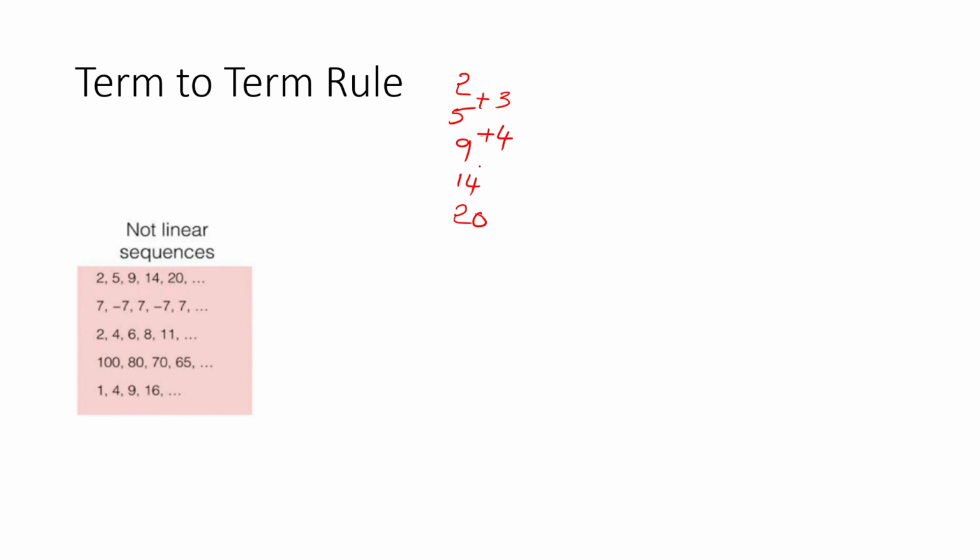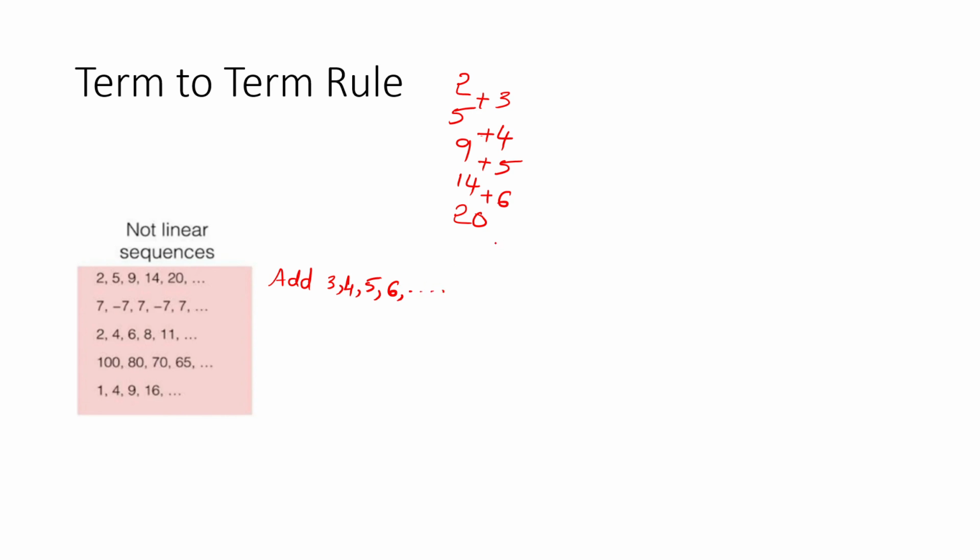Along with 9 I have to add 5. Along with 14 I have to add 6. So here you can see that the change is not constant. So here I can write the term to term rule as add 3, 4, 5, 6, etc.